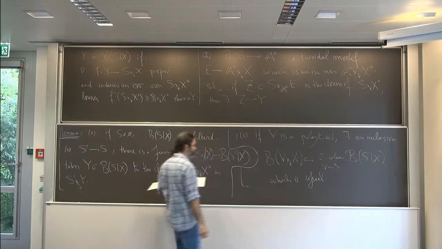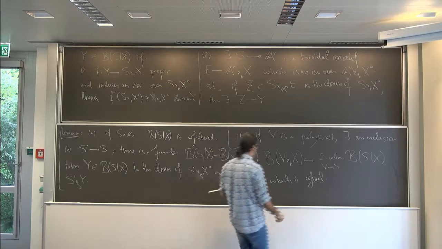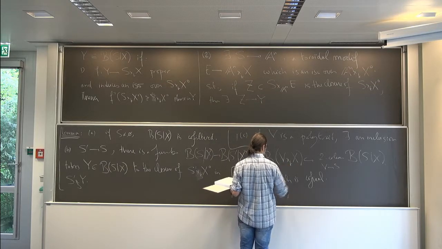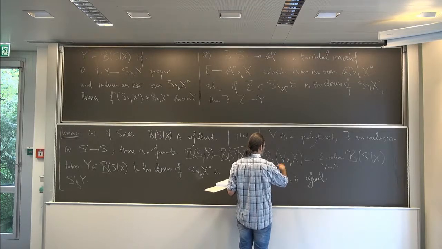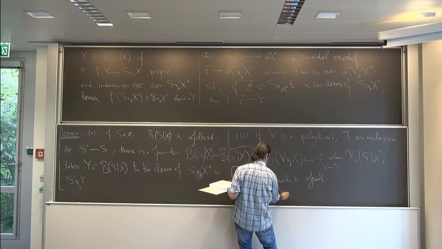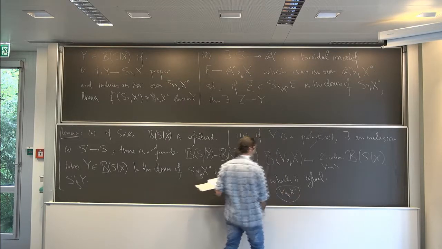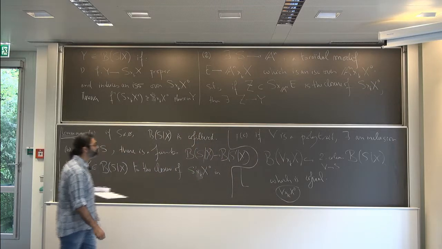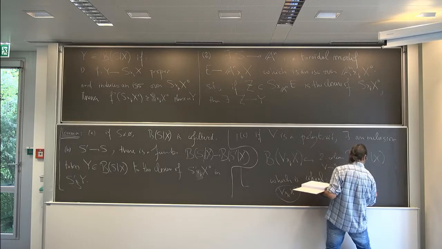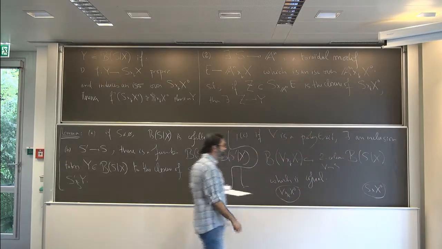Just maybe mention one thing. You see, in the definition of this category here, there is no condition on what's happening over this. Here we always ask that over S times X0, it's the identity.